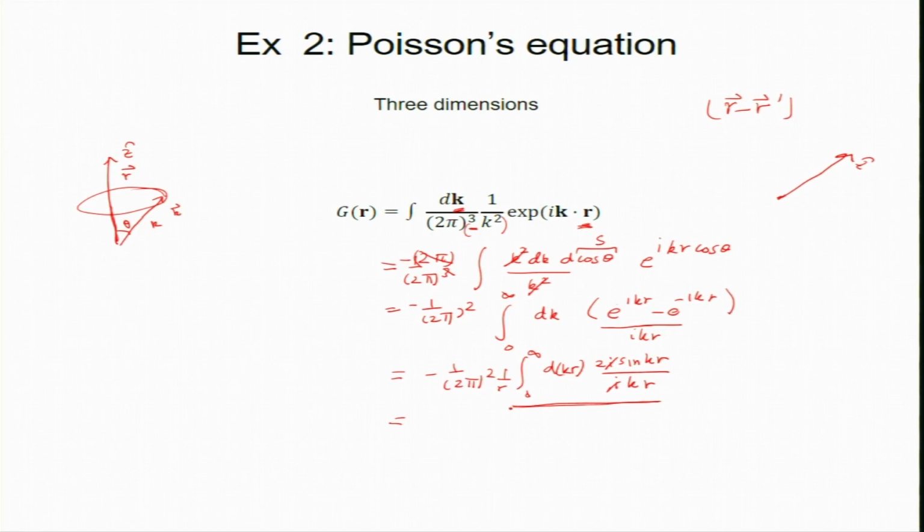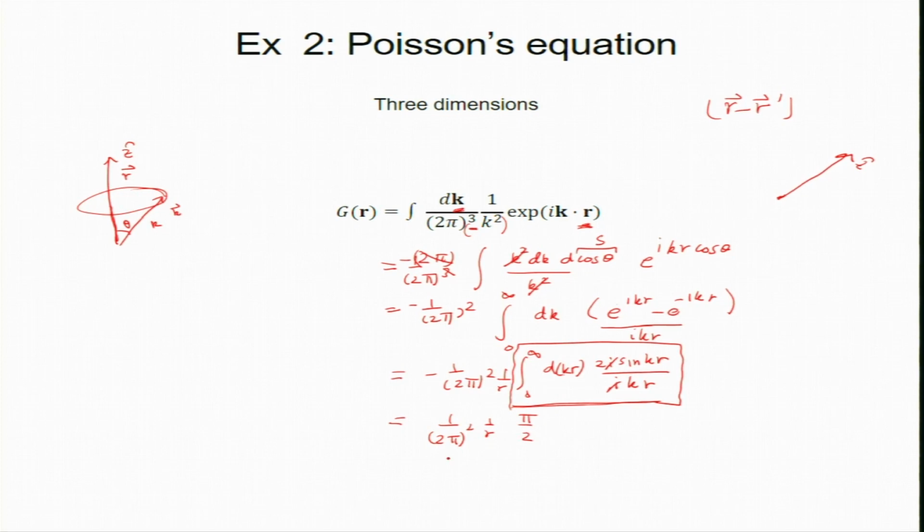fine. Now, this integral, in fact, we already know what that is, pi by 2. No, this we already did, sin x by x dx, this is pi by 2. So, this is 2 pi squared, 1 by r and pi by 2. Okay.